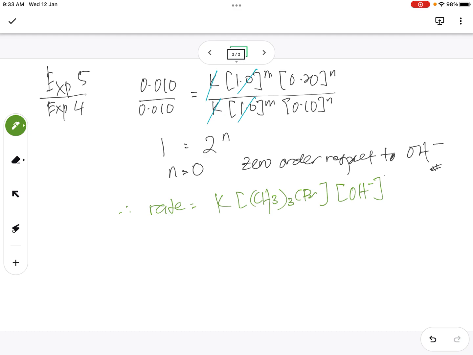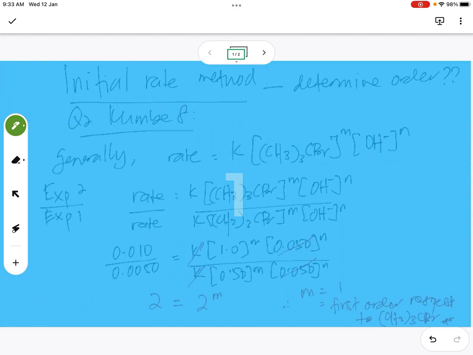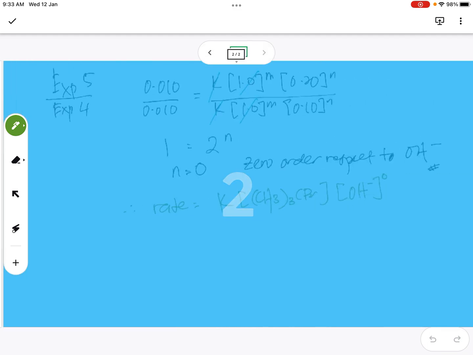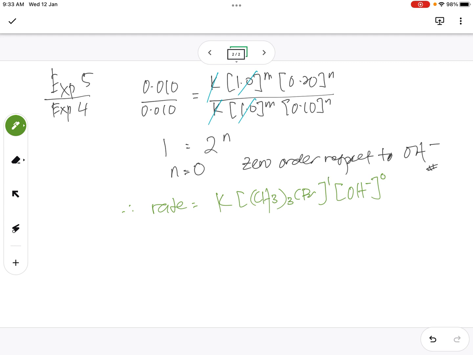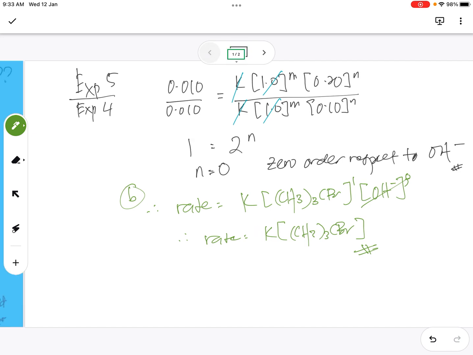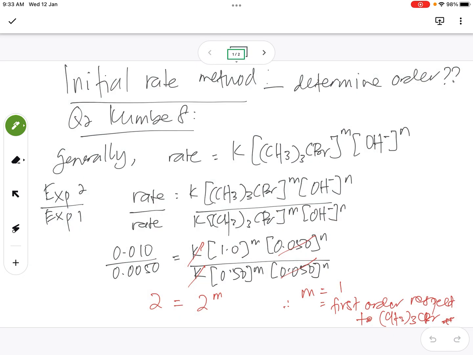This is zero order and the earlier one is first order. Power zero becomes one. So the final answer is rate equals k (CH3)3CBr, and this is the rate law. So this is the answer for part A; the rate law is the answer for B.